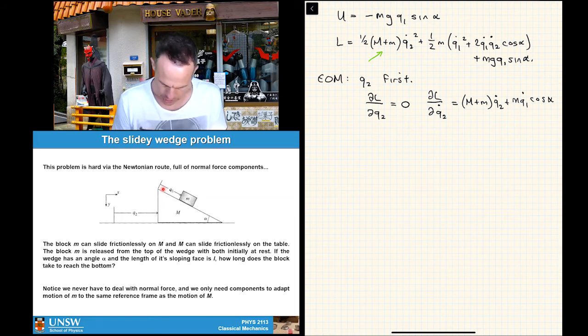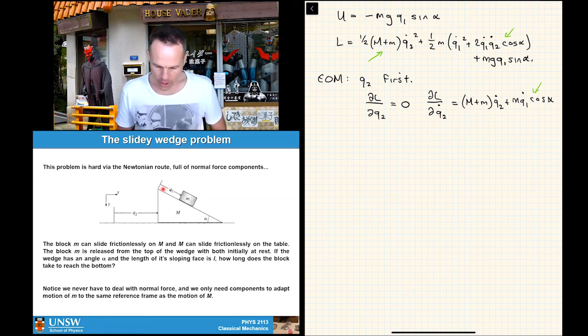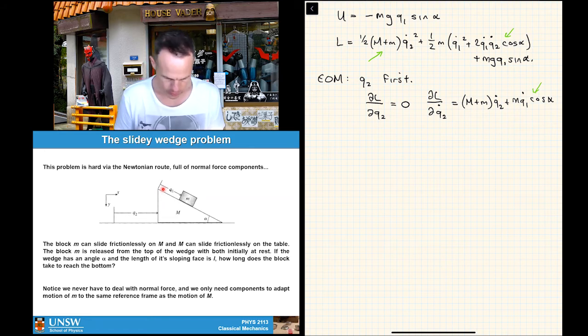Just to make it clear, it's that term that is this one on the right, not the other one, okay? The 2 has knocked out the half, and the q2 dot has disappeared by taking the derivative.